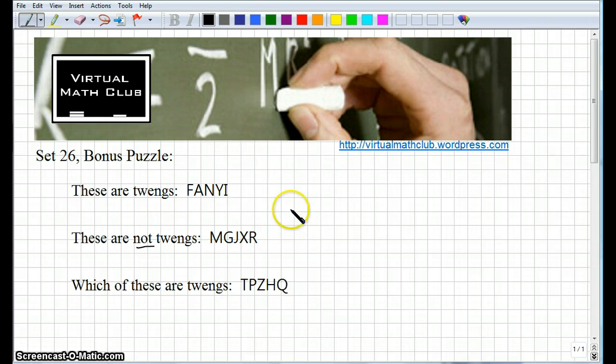So, here's the answer. All of these letters, these twangs, are constructed with 3 straight lines. F is 1, 2, 3. A is 1, 2, 3. N, 1, 2, 3. Y, 1, 2, 3. I, 1, 2, 3.